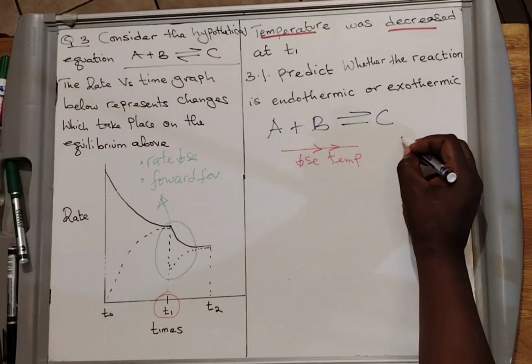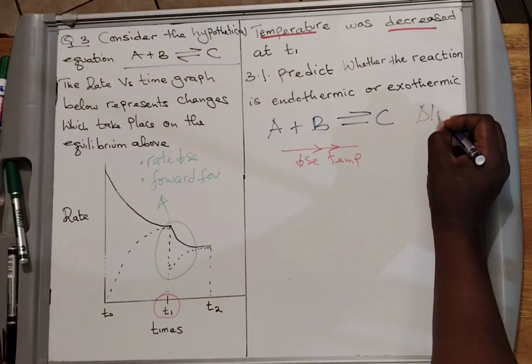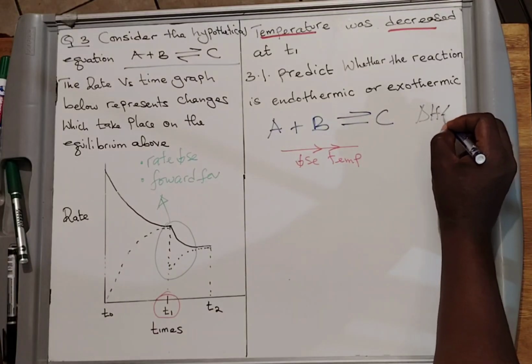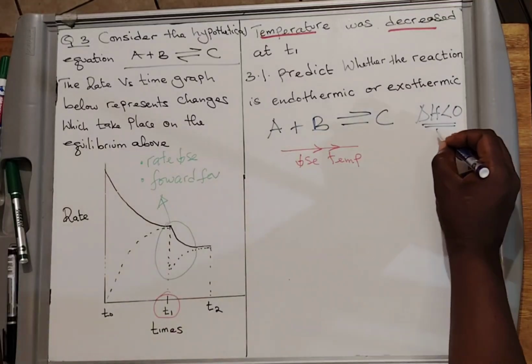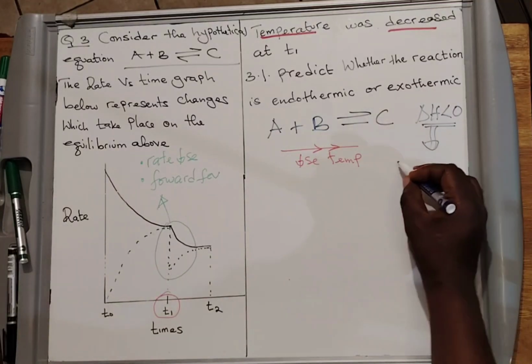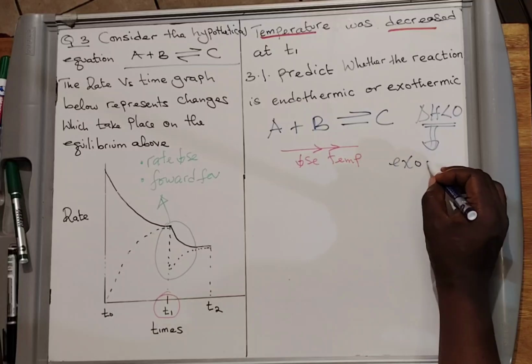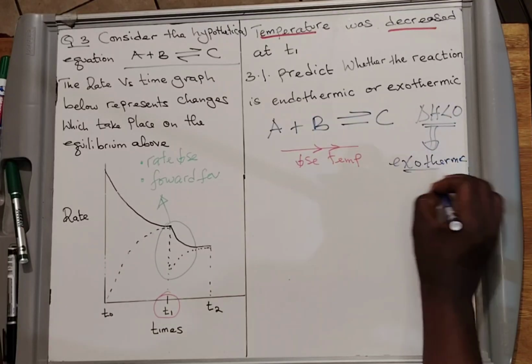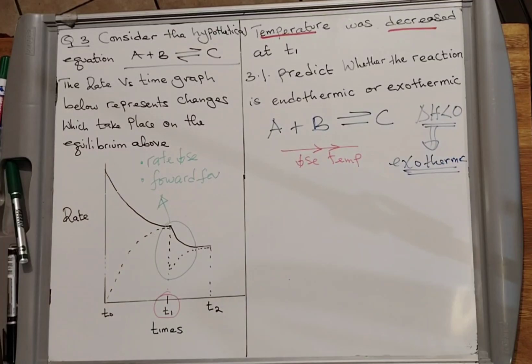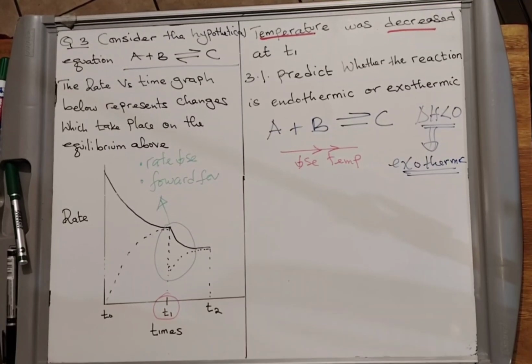So our enthalpy change is going to be less than 0, meaning exothermic. Thank you. That's one question. Let us go to the next one.